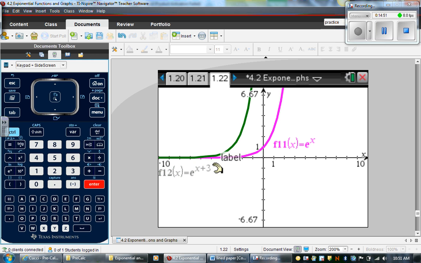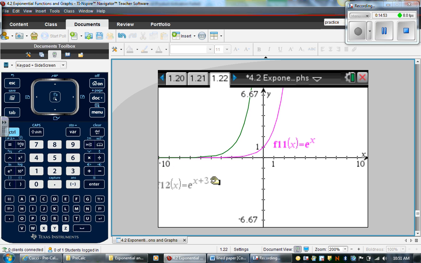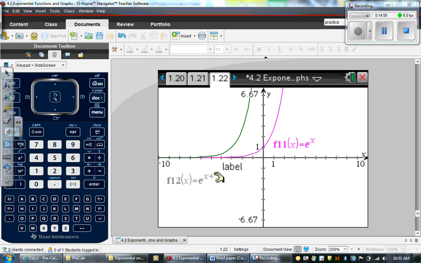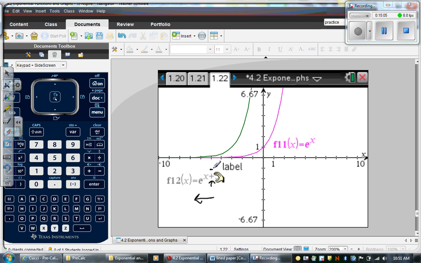Okay, so remember, going back to our rules, if we're adding or subtracting directly to the x, it moves in the opposite direction than we think, right? So we have to be careful with that. If it's addition, we're moving left. If it was subtraction, we would move right. Okay, so that's one of those tricky ones. And I'm glad we got it wrong, because that's a nice learning curve there.